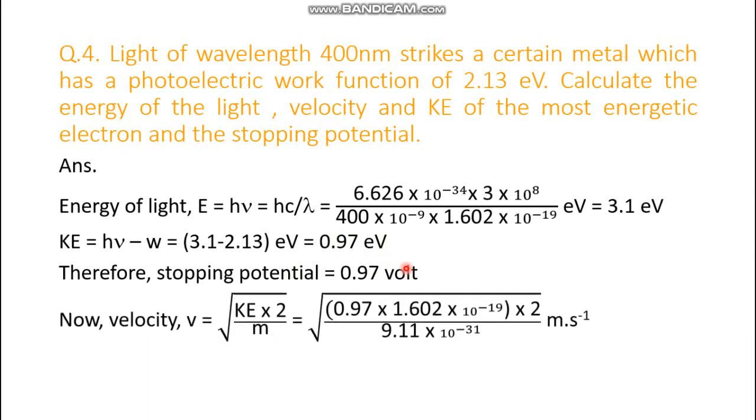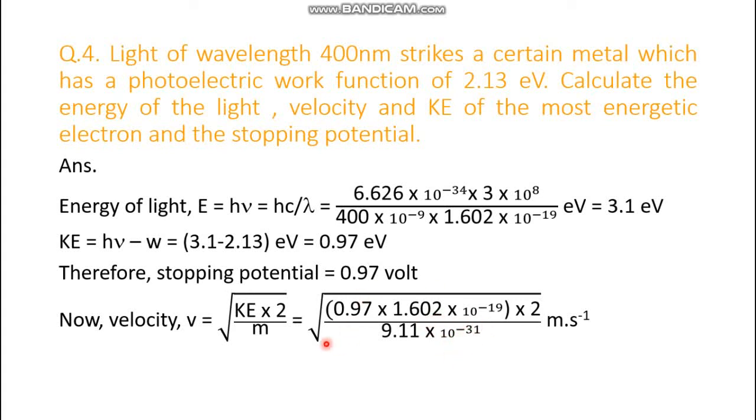And velocity, kinetic energy is half m v square. So v equals root over kinetic energy into 2 divided by m. So kinetic energy is 0.97 electron volt. Then you have to convert this into joule by multiplying with 1.602 into 10 to the power minus 19, then into 2 as usual, and here the mass of an electron 9.11 into 10 to the power minus 31 kilogram.